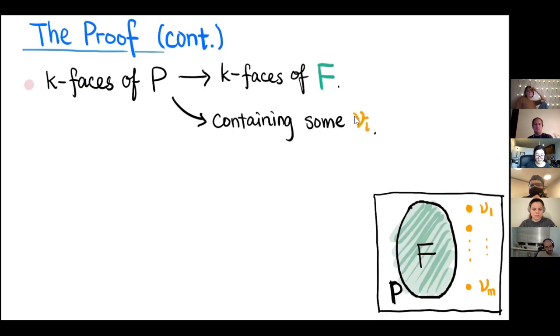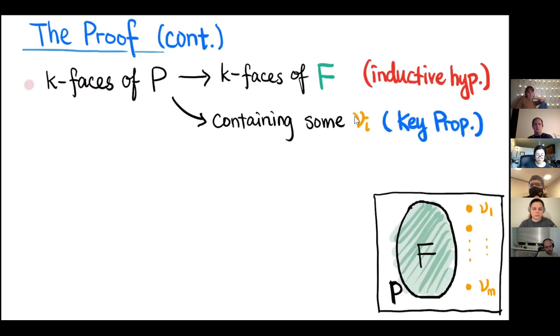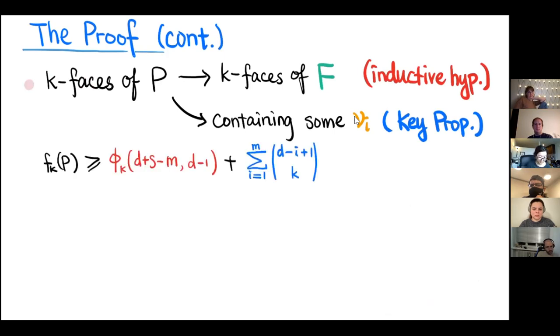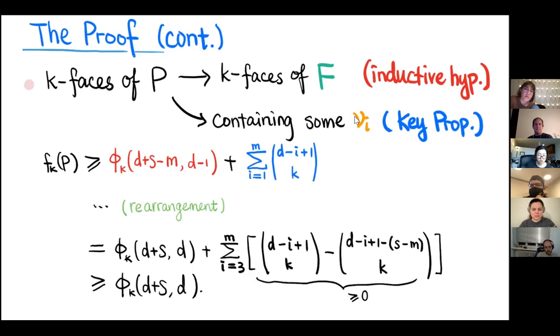If it's the first case, we use the inductive hypothesis. If it's the second case, we use the key proposition. And therefore, you can bound F_k of P by the summation of the red part and the blue part coming from the key proposition. Well, these are all binomial coefficients, so we arrange them a little bit using either just Pascal's identity or some other binomial coefficient identities.